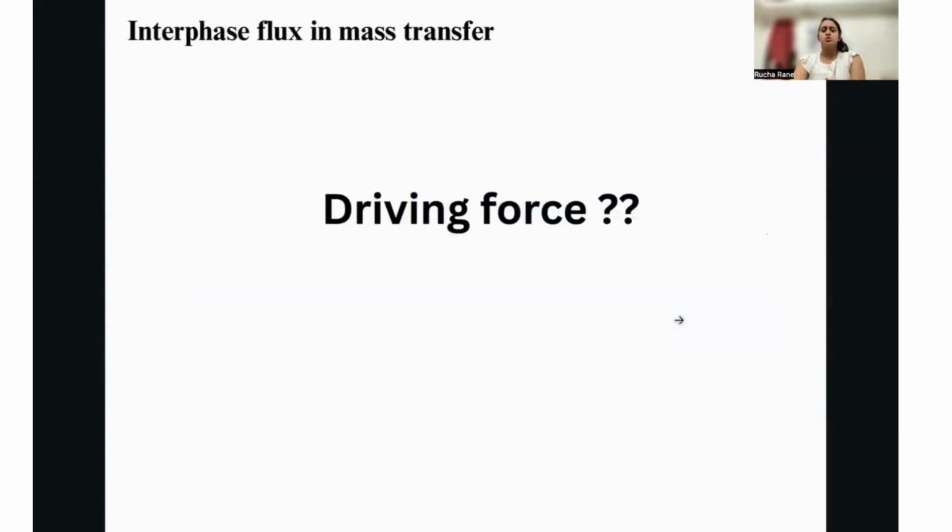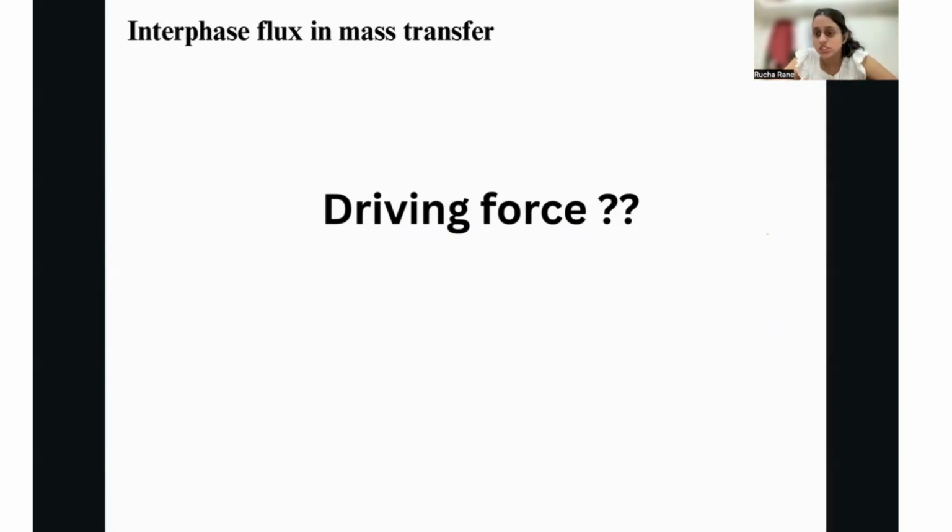Now, the next question is, what is the driving force for mass transfer? It seems to be a very silly question to ask, right? But to be honest, there are some facts which we actually don't know about the driving force. In heat transfer, when we consider an equilibrium, it is very simple: if both the phases have the same temperature, then we consider it to be an equilibrium.